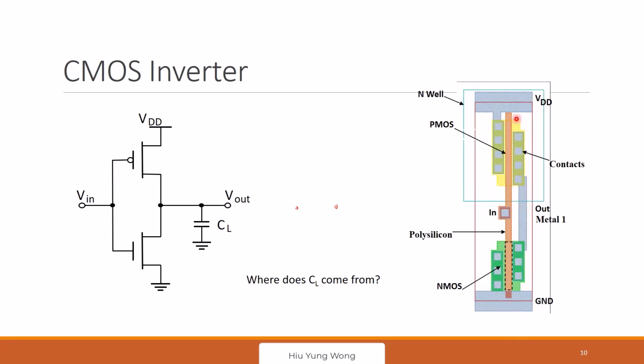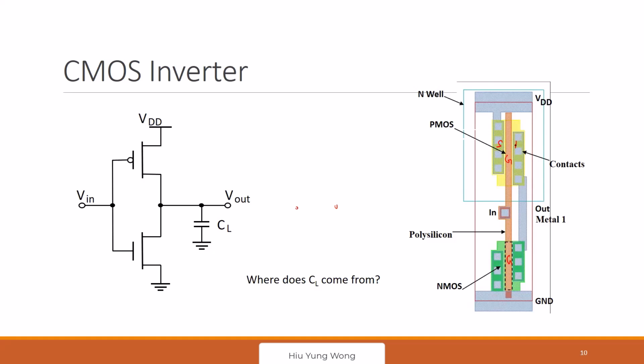The yellow one is the N well, which is the body for PMOS, right? And then the green one is the P well, the body for NMOS. Of course, we have contact, so the source is connected to the ground, and then the drain is connected to the output. So this is the gate. Let me say it wrong again.